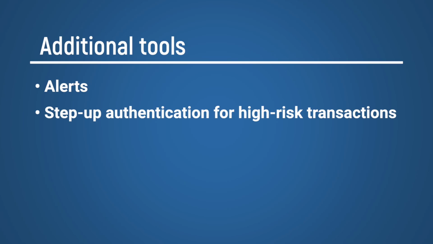So next I want to talk about some additional fraud mitigation that can be put into place. It's always good to review the alerts that you send to your customers as well as alerts that your financial institution is receiving, and ensure that for those high-risk activities, you're alerting your customers as well as your institution to review those activities. In addition to that, requiring step-up authentication for high-risk transactions would be recommended.